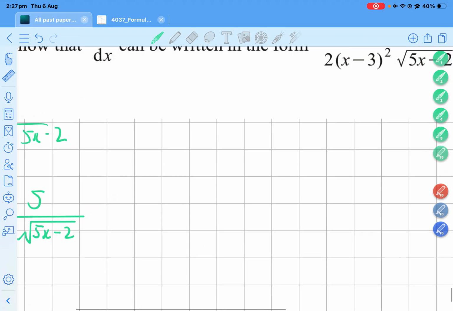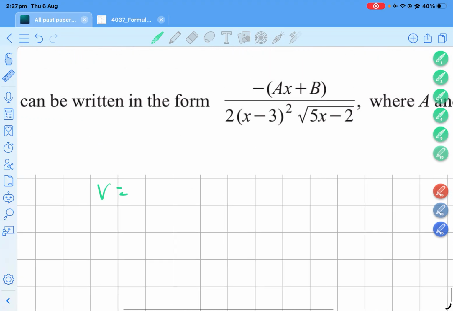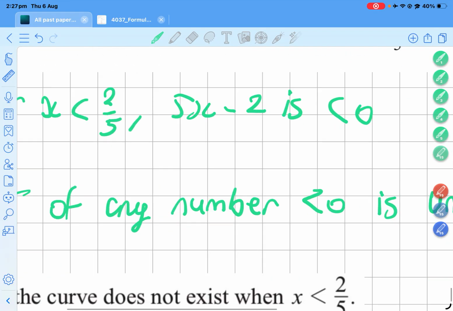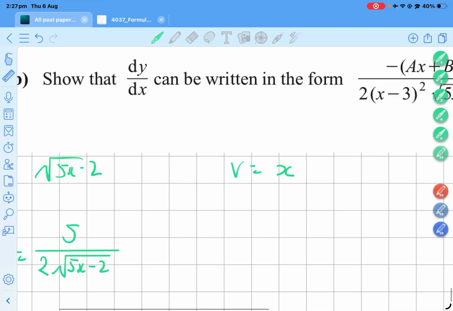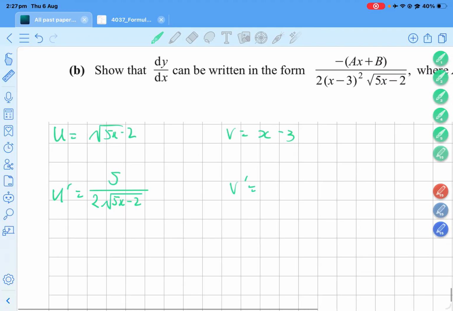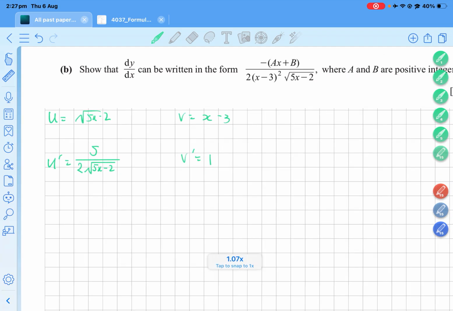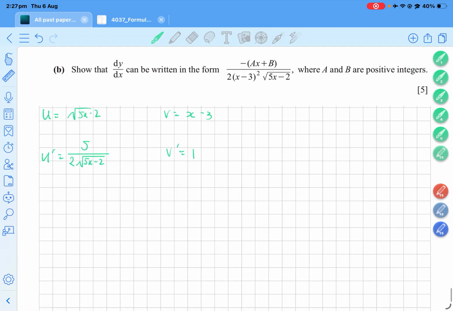And then v is x minus 3, so v prime is 1. So we just need to find dy by dx by doing u prime v minus v prime u, divided by v squared.